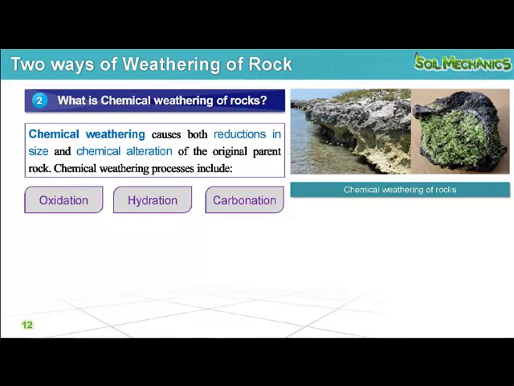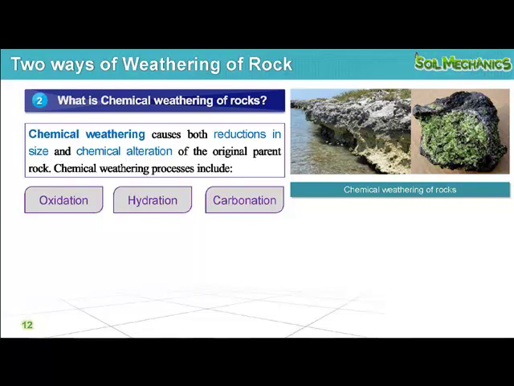What is chemical weathering of rock? As we talked about previously, weathering of rock has two ways: mechanical weathering, which I already explained, and now chemical weathering of rock.